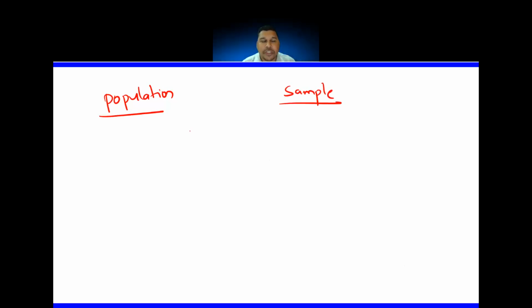So let's see sample. Or maybe I can write population first. Population and sample. We were talking about ML data, if you remember. This data is converted into a system of linear equations, then into a matrix.